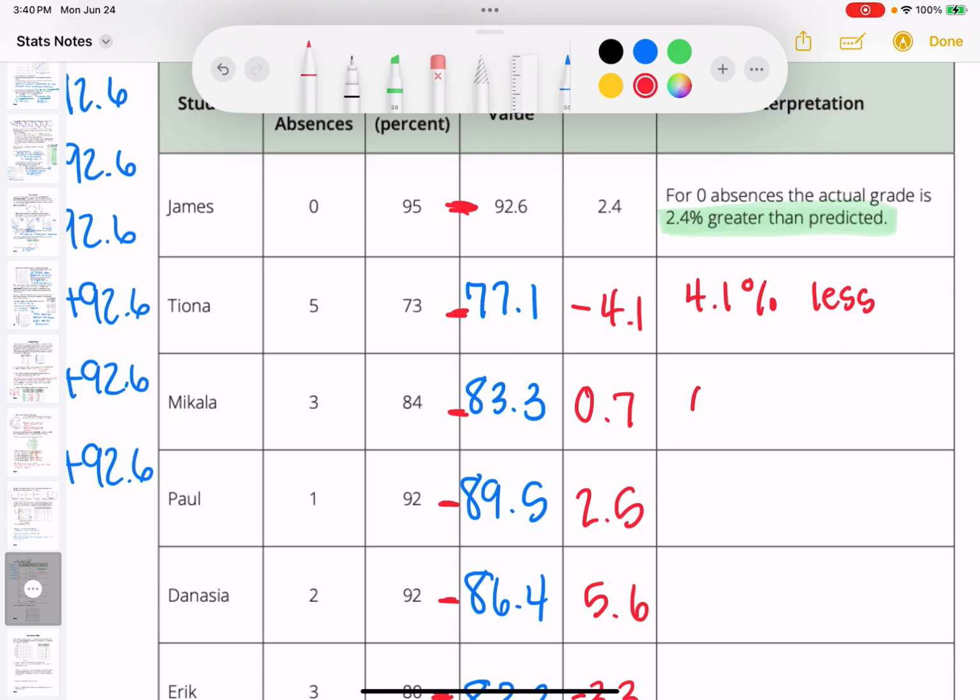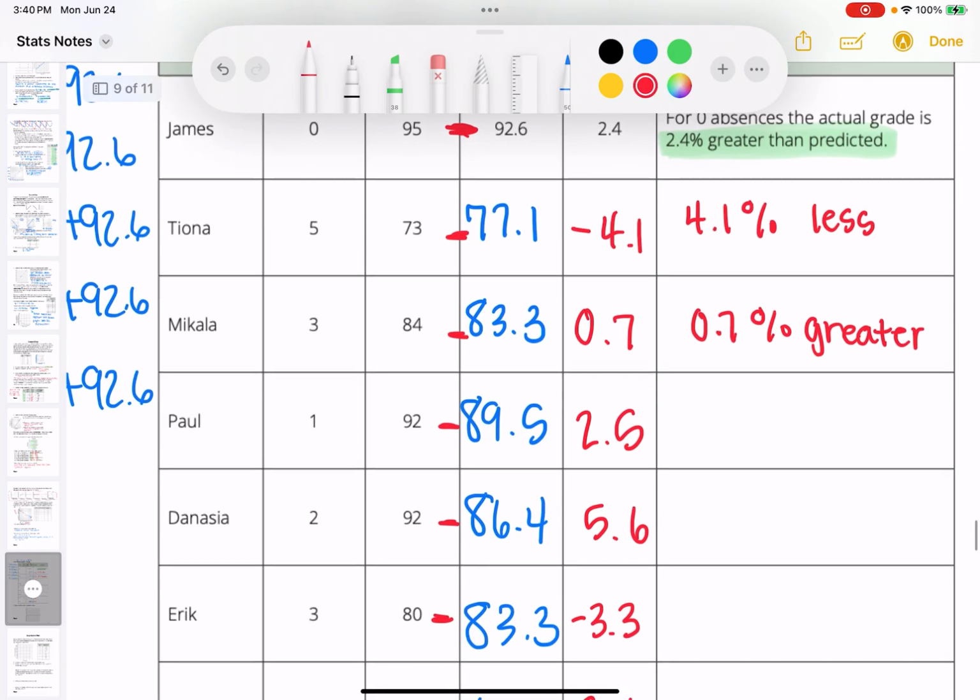That one's positive, so 0.7% greater. 2.5% greater.